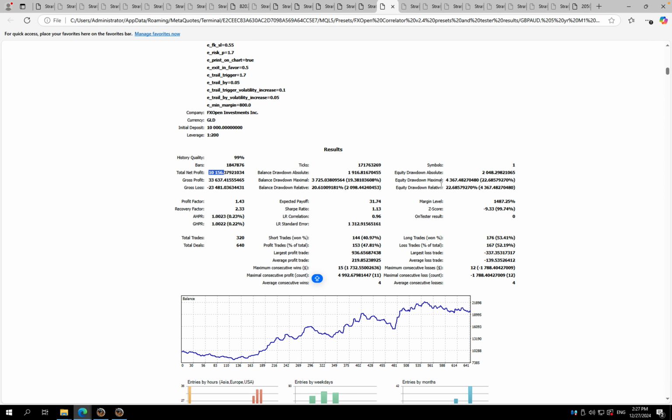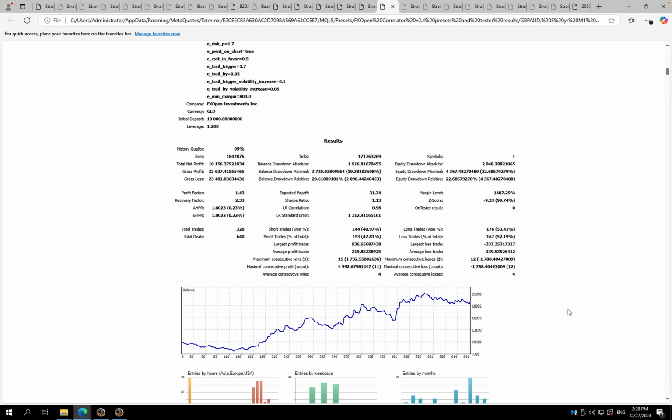And maximum drawdown 22%. And average profitable trade 219. Average losing trade 139. So that's a healthy margin that enables this kind of sustained long-term growth.